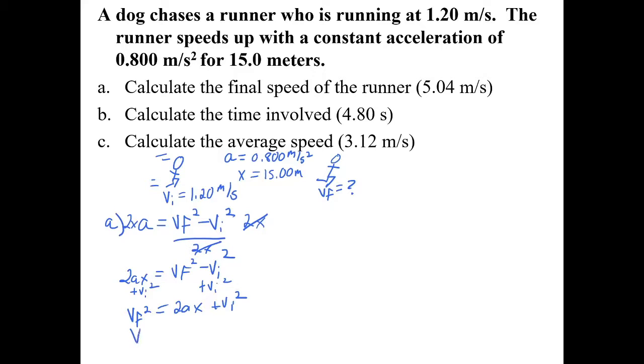Now we have to substitute. So V final squared is 2 times, what was the acceleration? 1.2, no, 0.8, excuse me, 0.8 meters per second squared. And the distance is 15. The initial was 1.2. Don't forget to square it. So we'll put that in our calculator, plus 1.2 squared.